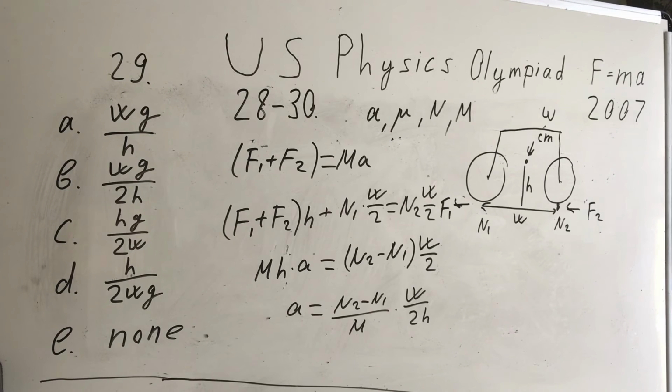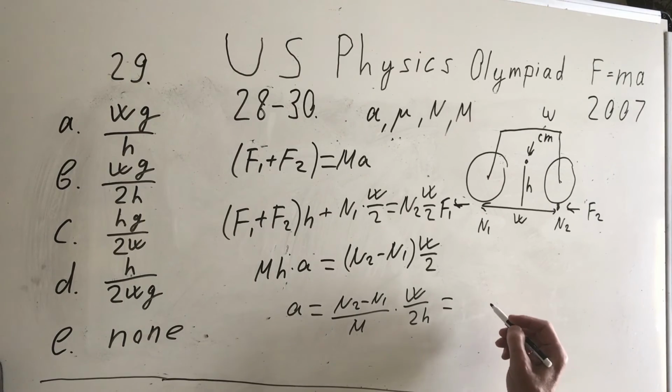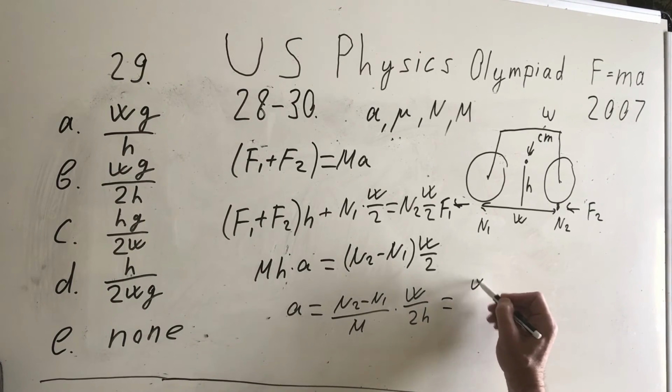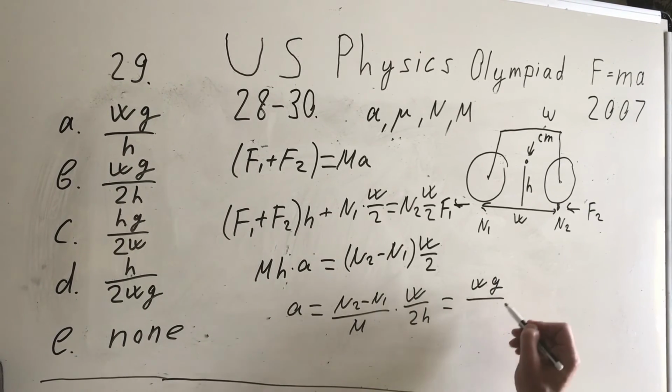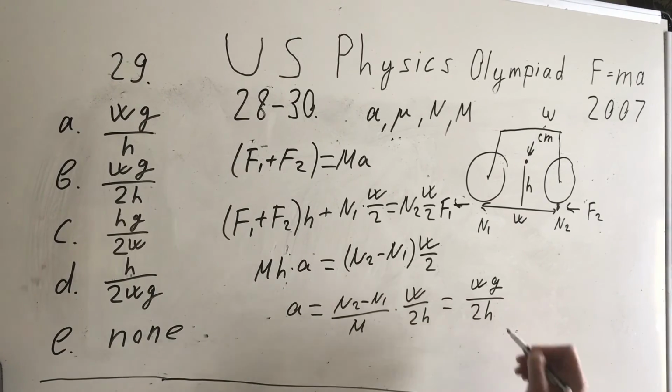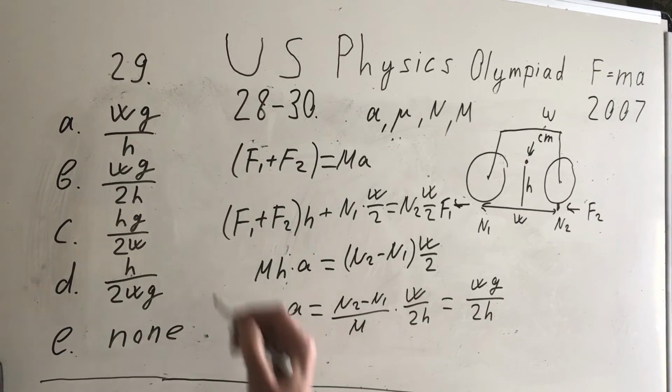It means that the maximum acceleration we can get is when N1 equals 0. In that case N2 equals mg, and then finally we have wg over 2h. That's answer B.